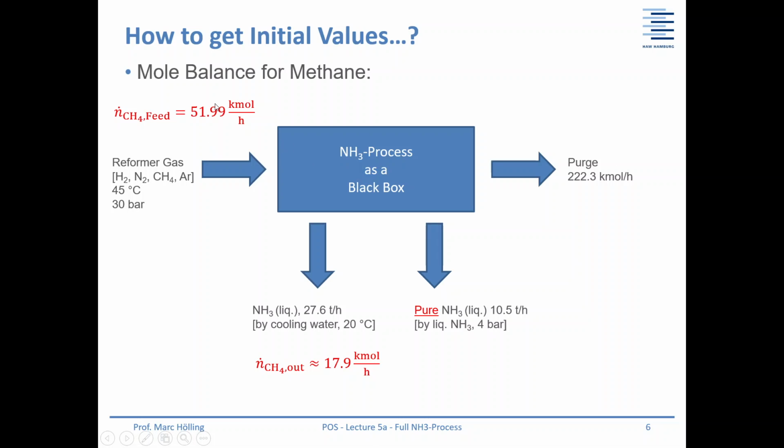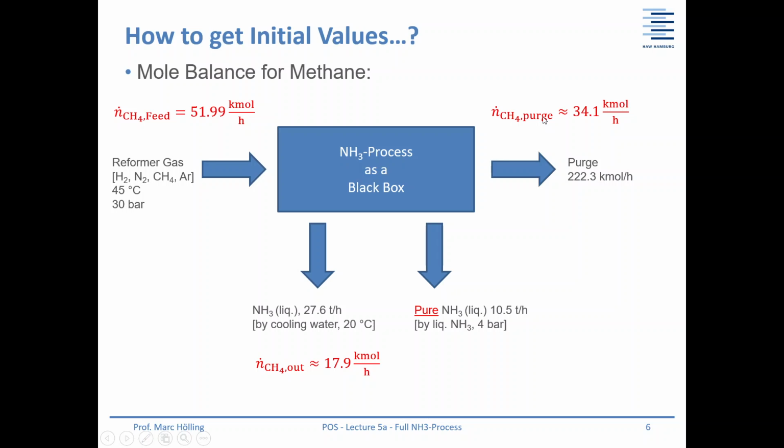And this means if we put in 52 kilomoles per hour and we remove something like 18 kilomoles per hour here, then the difference has to leave the system by purging. If we would purge less than the two here, then the CH4 amount would increase. Okay, so is this of any use?